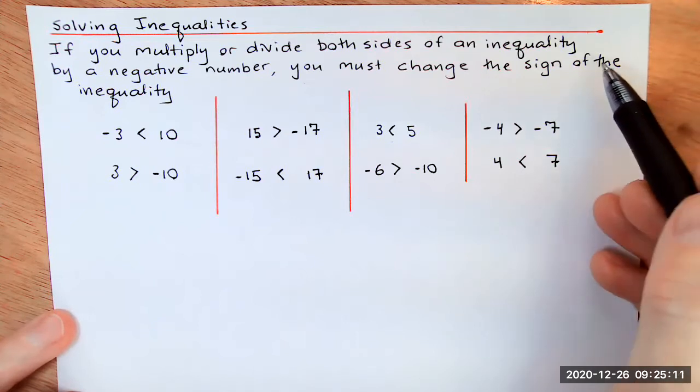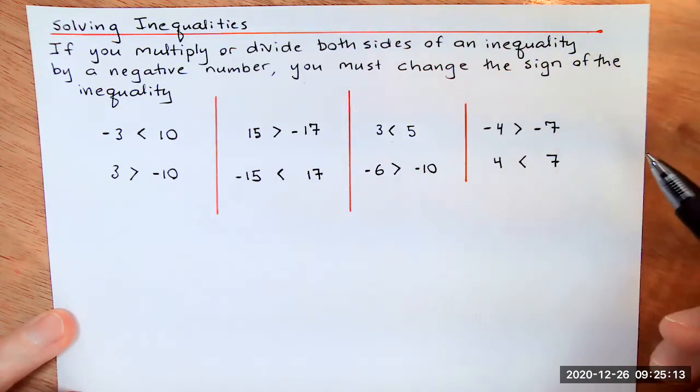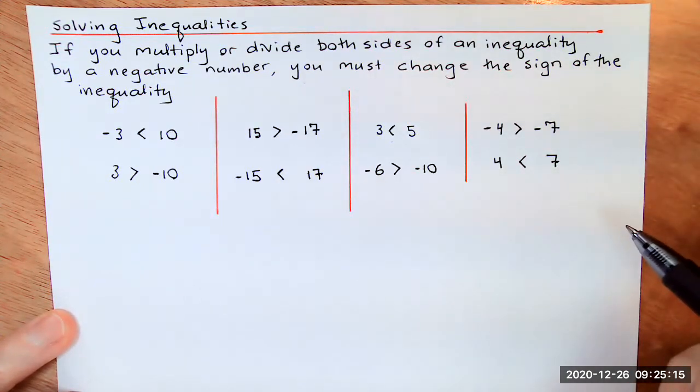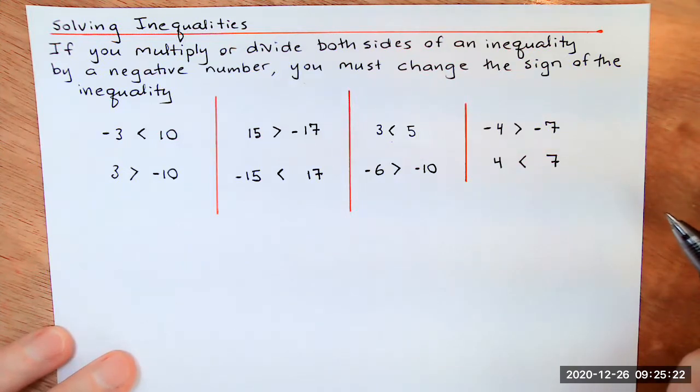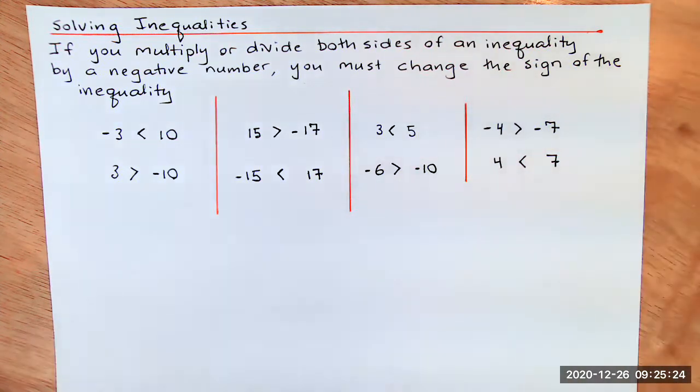All right, so multiplying or dividing both sides by a negative number. Now you can add or subtract a number to both sides, and that will not change the sign of the inequality.